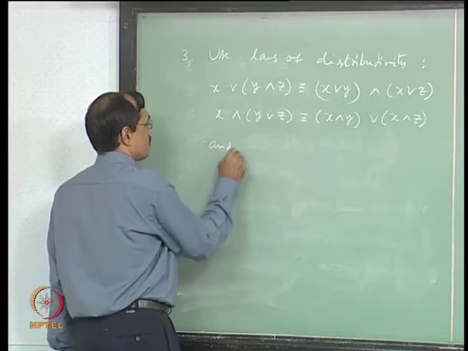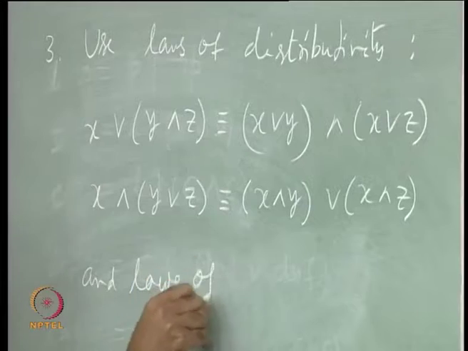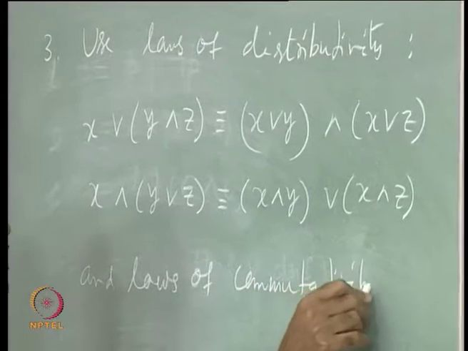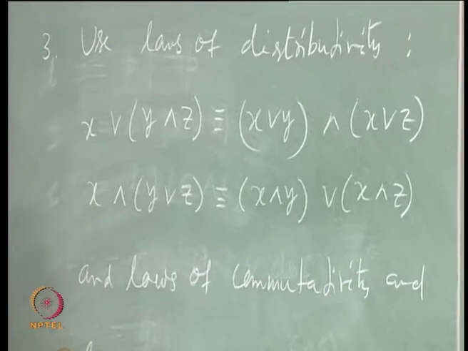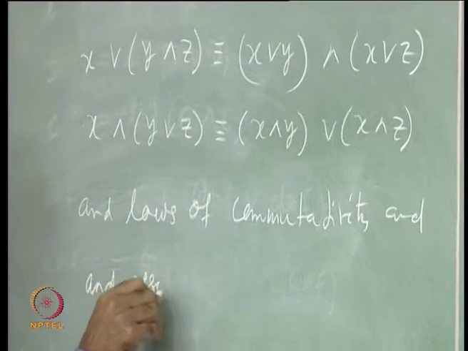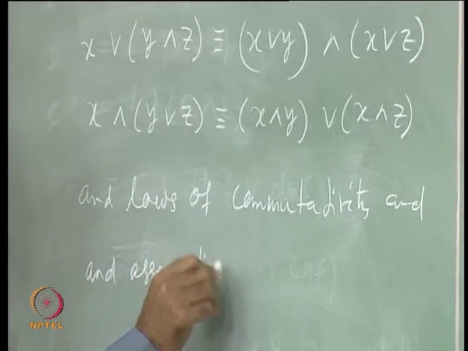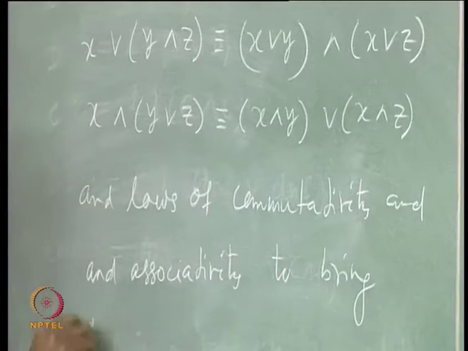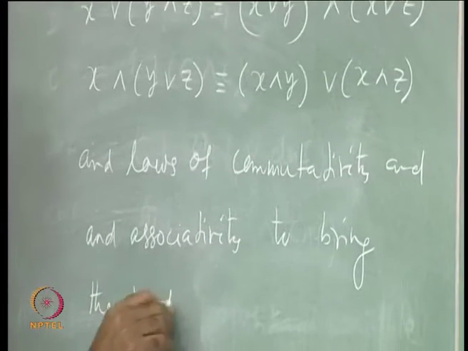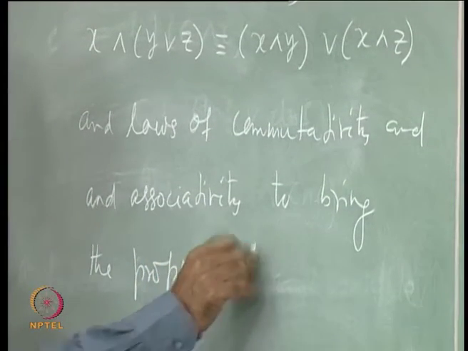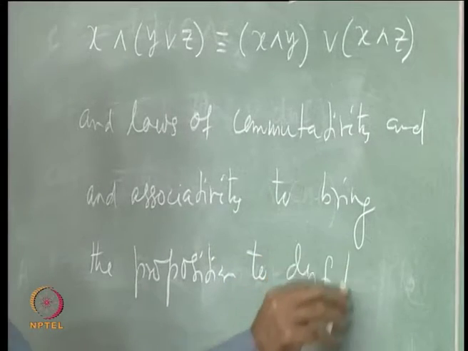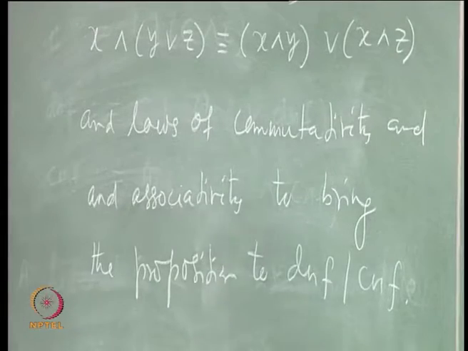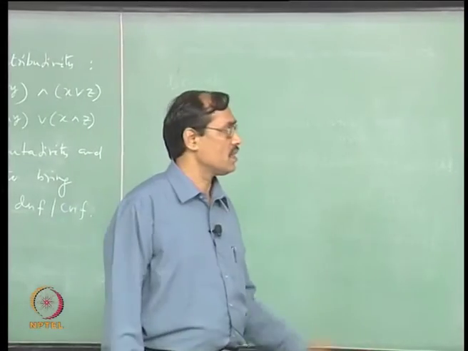And laws of commutativity and associativity to bring the proposition to DNF or CNF. Is that okay? So, let us see the first problem.